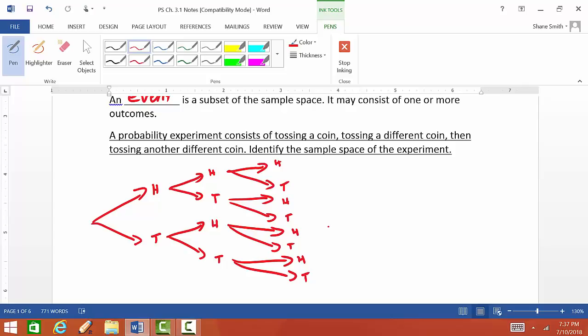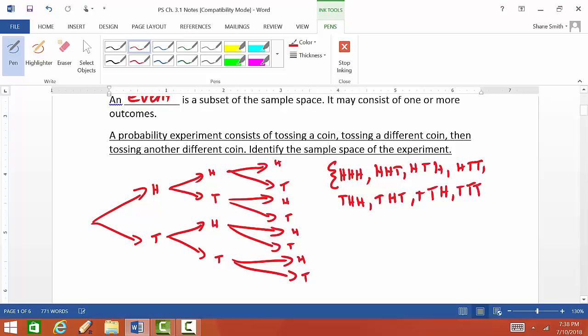So, the sample space for this probability experiment is you can get three heads on all three coins. And if you look at the path, the top path is that outcome, heads, heads, heads. And we can get heads, heads, tails, heads, tails, heads, heads, tails, tails, tails, heads, heads, tails, heads, tails, tails, tails, heads, tails, tails, tails.